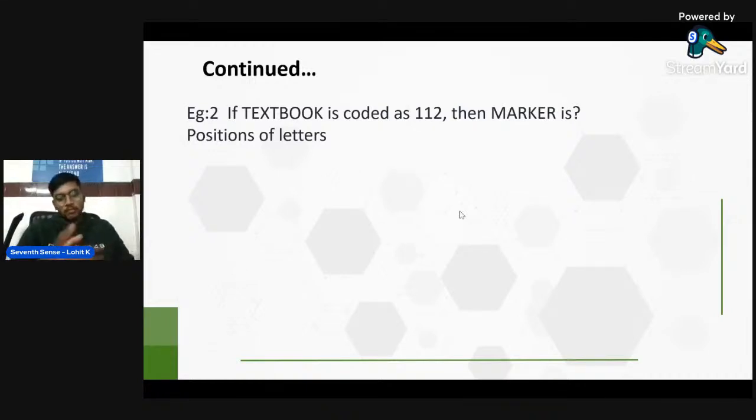Do the same thing for this. If you take the textbook's original numbers and add them, you get 112. If you're getting 112, do the same thing for the marker and you'll get the answer for that. So what is the answer for marker you're going to get? Add it and tell me the answer for that.